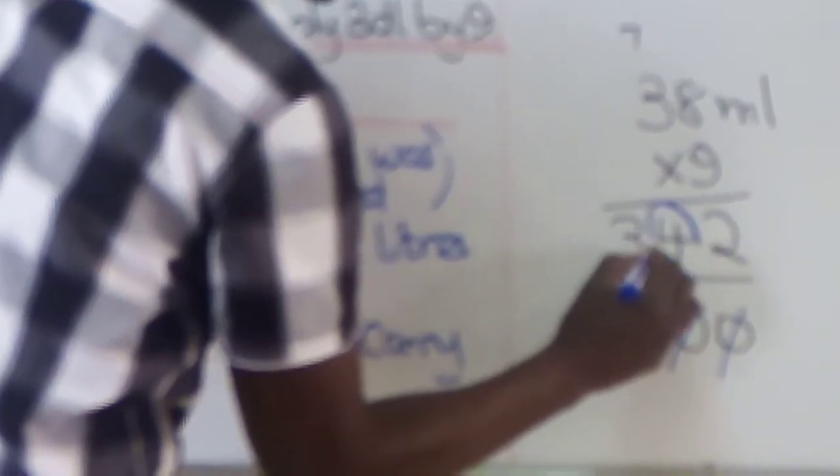Look at my style of simple division. We cancel a 0, it creates a decimal there. We cancel the next 0, it removes this decimal here and brings it here. So the answer is 3.42.